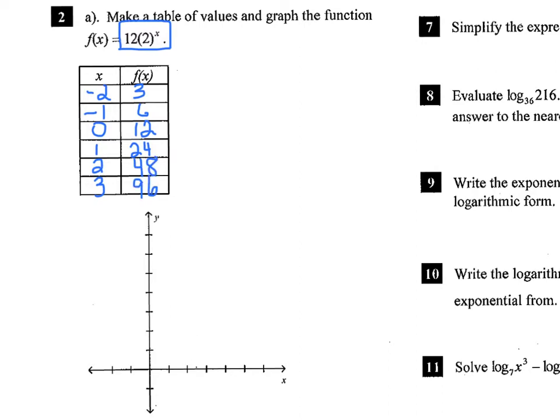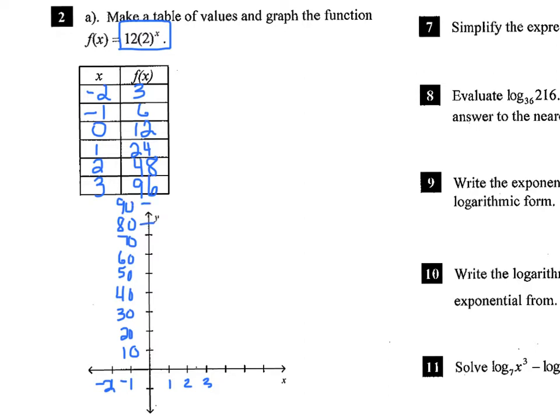So you'll take those and you need to plot them as ordered pairs on the graph. I'm going to make the x scale go by ones, 1, 2, 3, and then because we need to get up to 96, I'm going to count by tens, 10 on the y, 20, 30, 40, 50, 60, 70, 80, 90. If you counted by something different, that's fine.